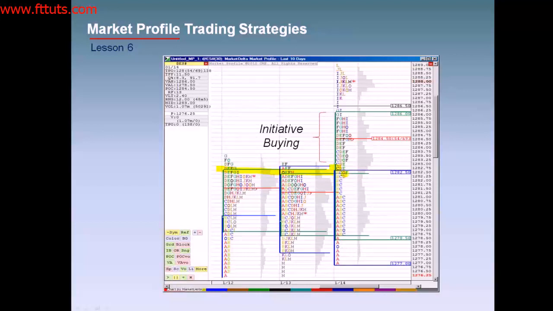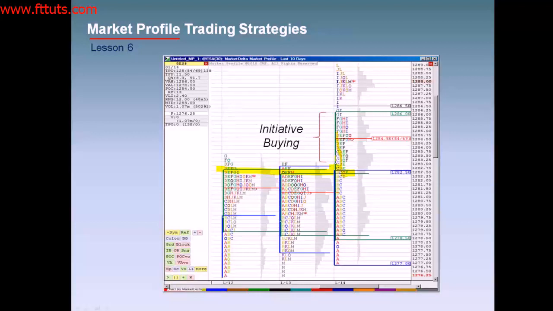They did find support at the top of the value area here. If you notice, period D only dropped 1 print below the value area, and then prices started coming back up again. But notice, even more importantly, they superseded period C. So now period D has a higher high than period C.